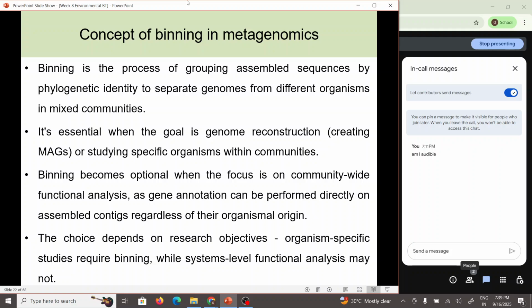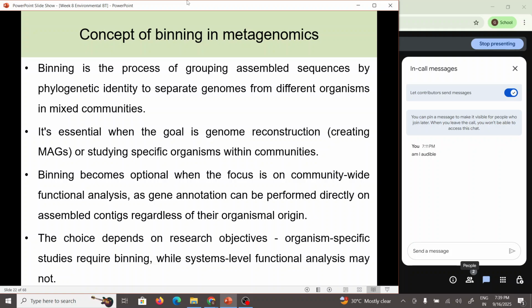So here essentially what we do is we are going to use binning only in the case when we want to do a genome reconstruction, or when we are going to study specific organisms within the communities. But when we are going to focus on a community-wide functional analysis, then binning is an optional step. We need not essentially go for binning.